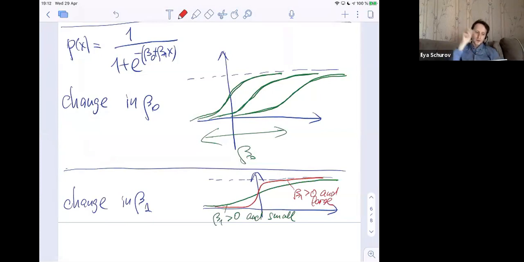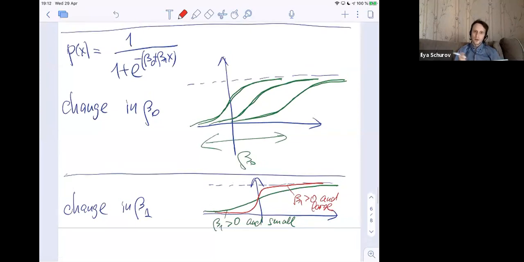So if I increase this beta 1, it becomes more steep, more sharp. Okay, does it look plausible for you? Are there any questions so far?